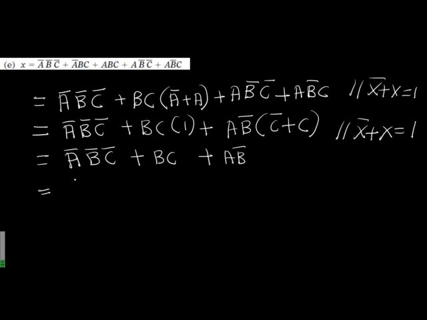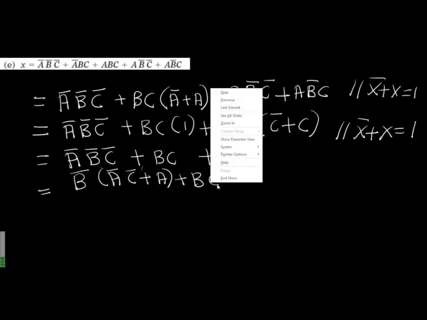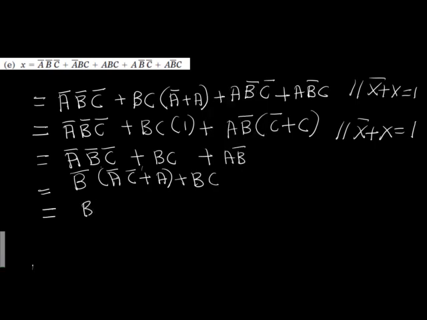So I have B, B bar. I've got A bar, C bar. Okay, so I have, sorry, or with A, and I have close bracket BC. Okay, so I have B bar, and now again theorem.